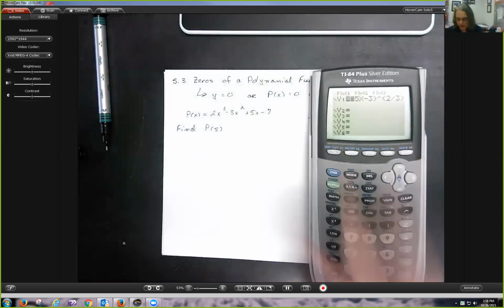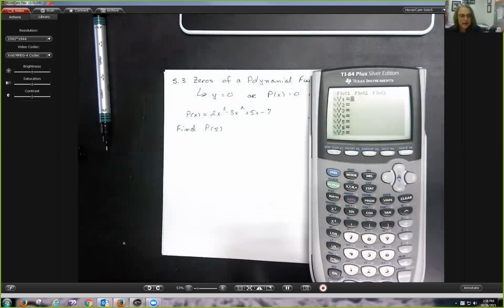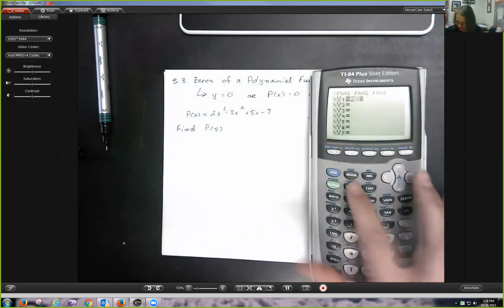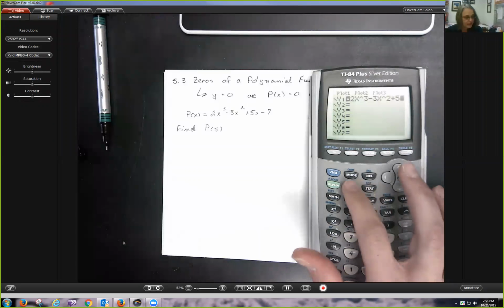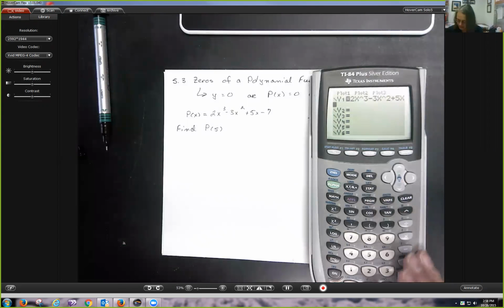So push the Y equals button, clear out anything you might have in there, and just type in 2x to the third power minus 3x squared plus 5x minus 7.